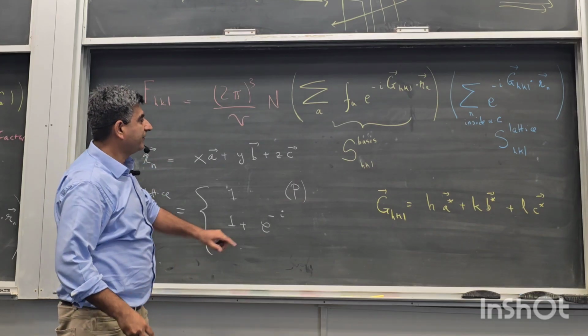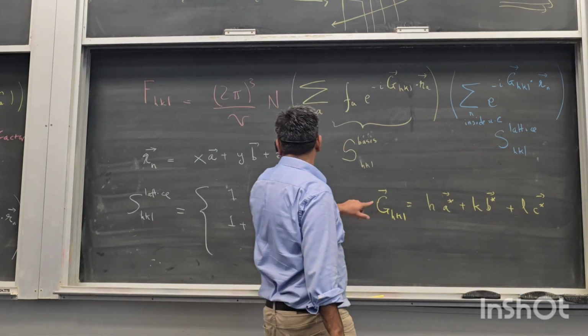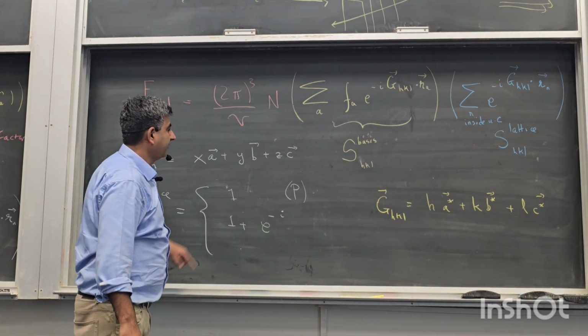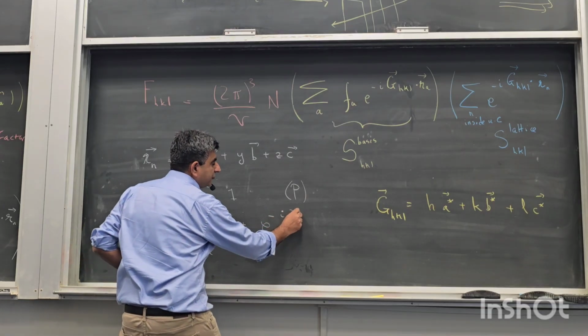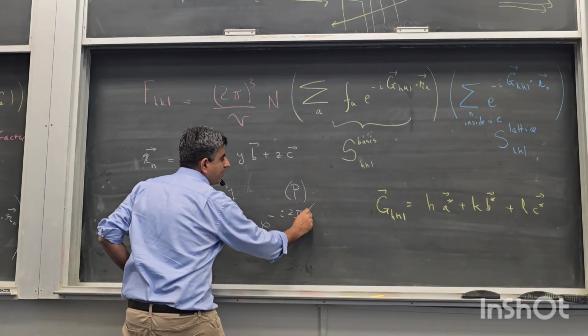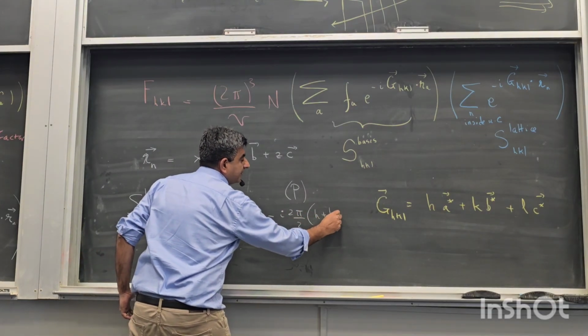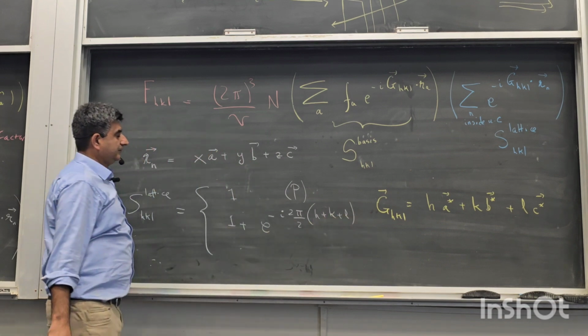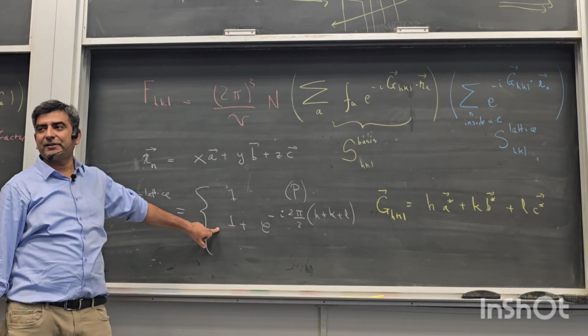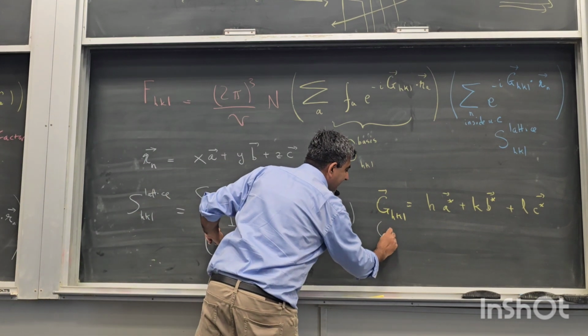Correct? So if I take this G_HKL and put half here, I will be left with minus 2 pi over 2 times H plus K plus L. So this is the structure factor for the lattice for body centered.